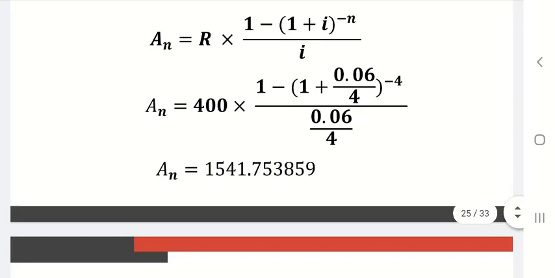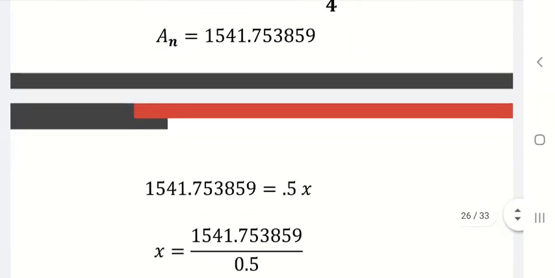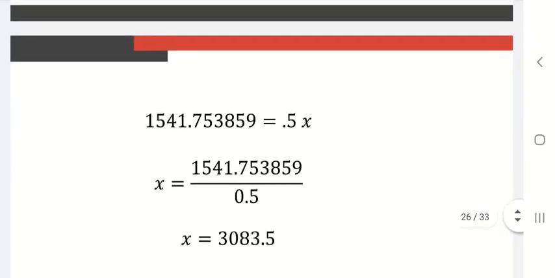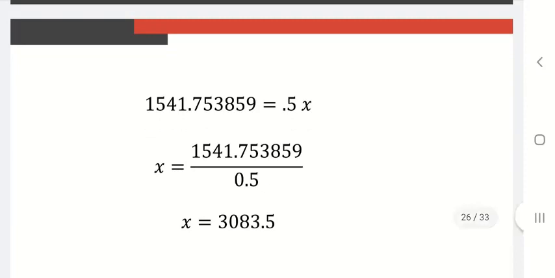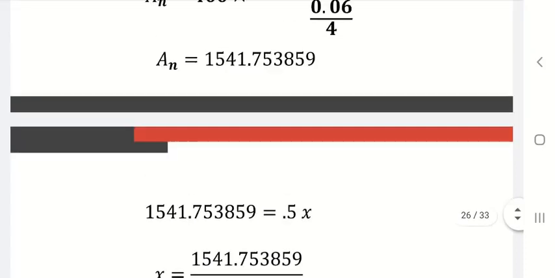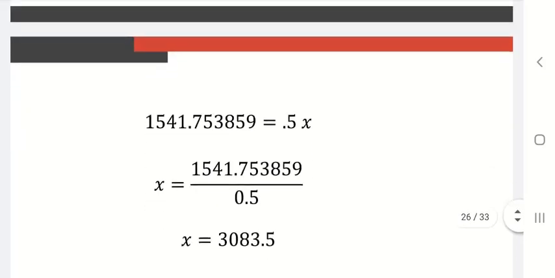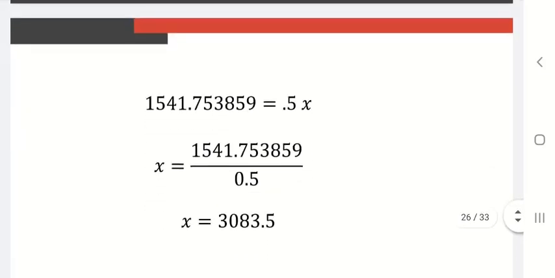This present value equals 50% of X. So to get the cash price, we divide the present value, 1541, over a half. X will be equal to 3083.